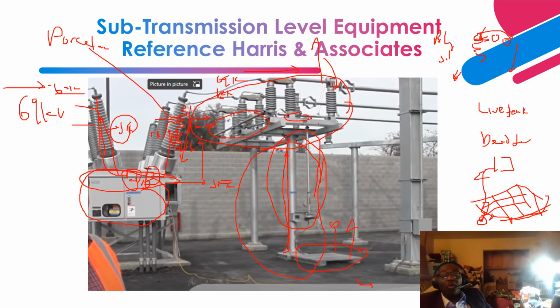right? Called earth grid. Okay, so during the design of the substation, right? Okay, there's something they call ground potential rise. Studies are performed based on the resistivity of the soil below the substation, right? Below the substation, there are different layers of soil, right?